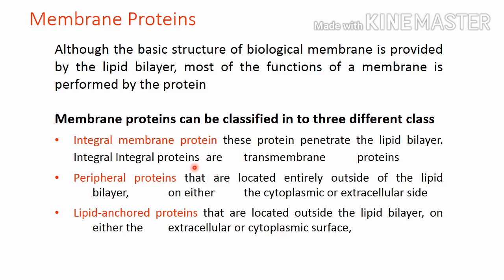As we know, a plasma membrane has two phases: one located towards the cytosol and another away from the cytosol, called the extracellular phase. So the proteins associated with or present only towards one surface are known as peripheral proteins.